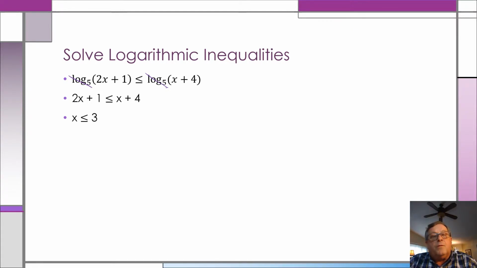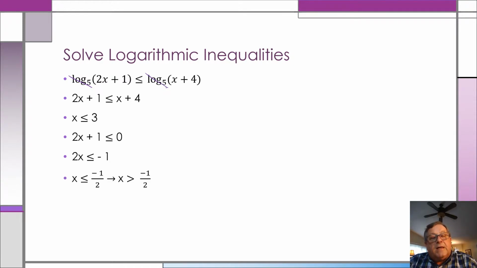So first, I think what we'll do is take 2x plus 1 and set it less than or equal to 0. Solve for x. We're going to subtract 1 from both sides. So now we've got 2x is less than or equal to negative 1, and then we divide by 2.